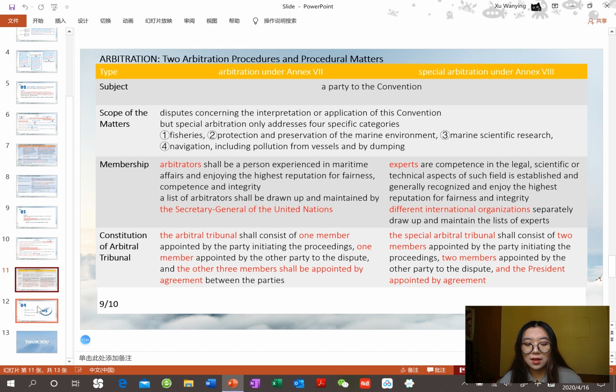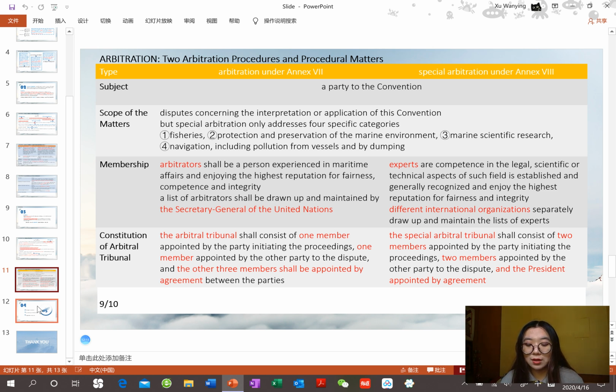Legally speaking, arbitration and special arbitration are similar in procedure. Among them, the provision on default of appearance is important. Absence of a party or failure of a party to defend its case shall not constitute a bar to the proceedings, which reflects the compulsory feature. The award is final and shall be complied with by the parties to the dispute.